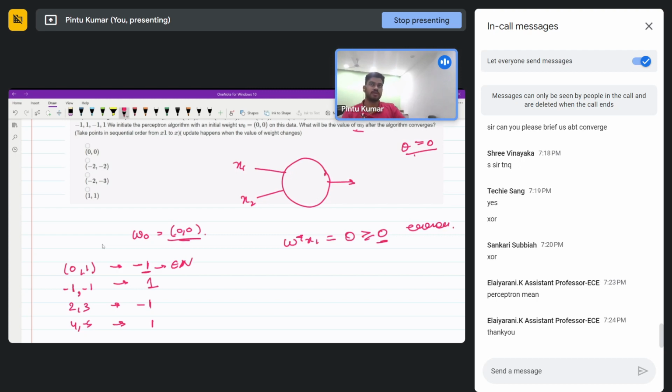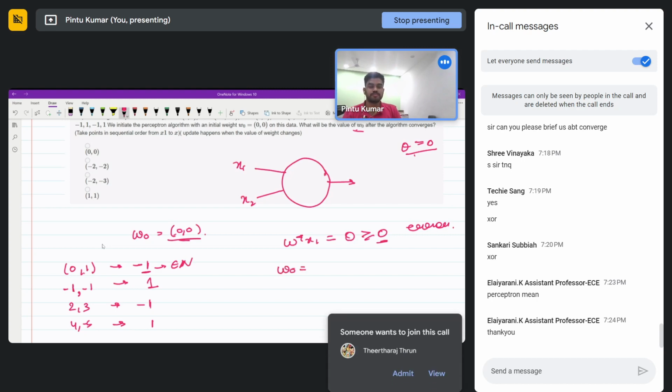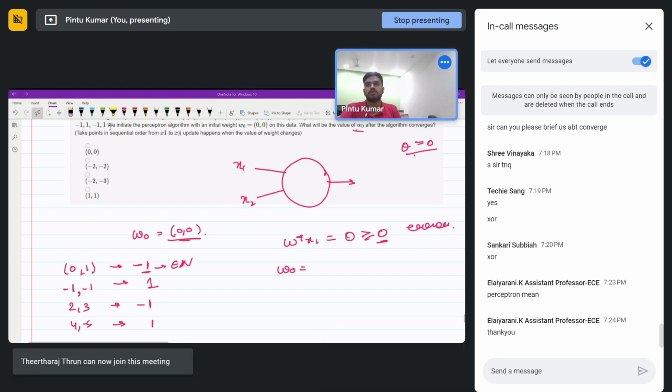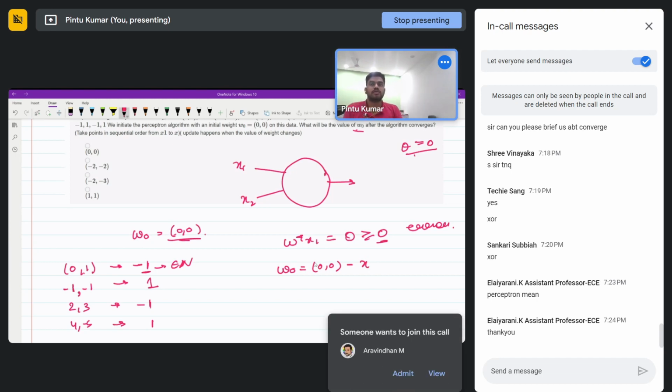We should update the W. My W naught becomes 0, 0 minus x, because it was a negative point making an error, so W would be W minus x.